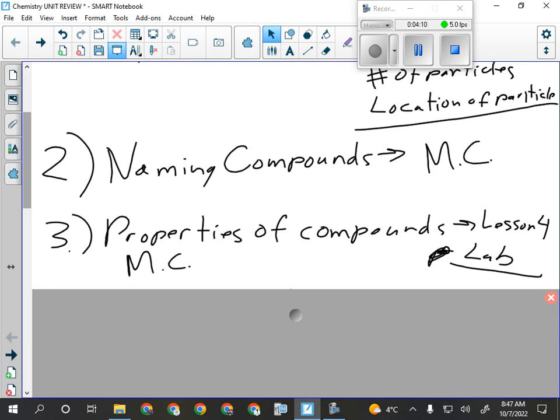Properties of compounds. Lesson 4 is where we went over the properties of compounds. We also did a lab on that, and anything that we took the time to do a lab on is definitely going to show up. It could be something like this: you have a compound with the following properties.